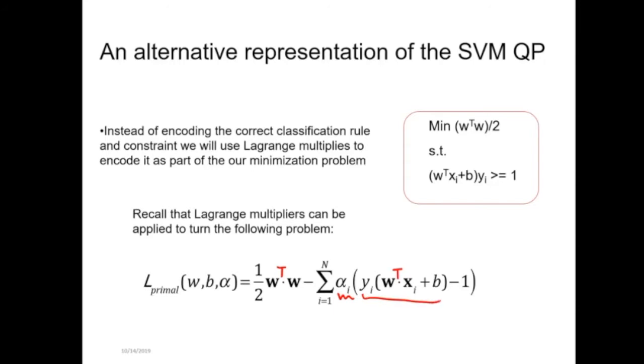I want this together to be larger than or equal to 1, so this minus the 1 should be positive. And all the alpha_i, which are what you pick and are called Lagrangian multipliers, should all be larger than or equal to 0.